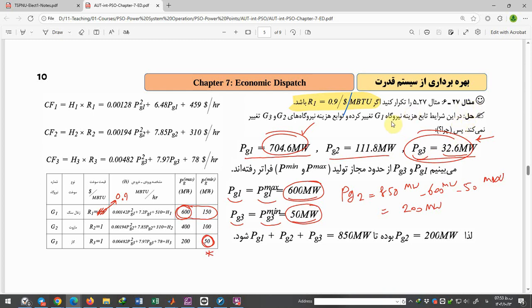Fortunately, in this exercise, PG3 goes below its minimum. The minimum of PG3 is 50 megawatt, but PG3 is 32 megawatt.